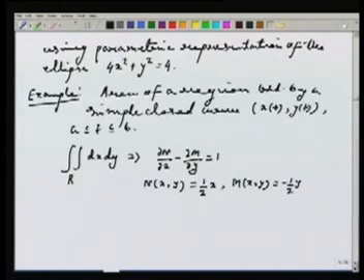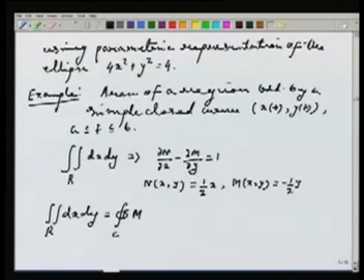If I do this, then I can check ∂N/∂x is equal to half and minus ∂M/∂y is also half. So ∂N/∂x minus ∂M/∂y is equal to 1. So by Green's theorem, the double integral over R of dx dy is the integral over C, that is the boundary, of M dx plus N dy.